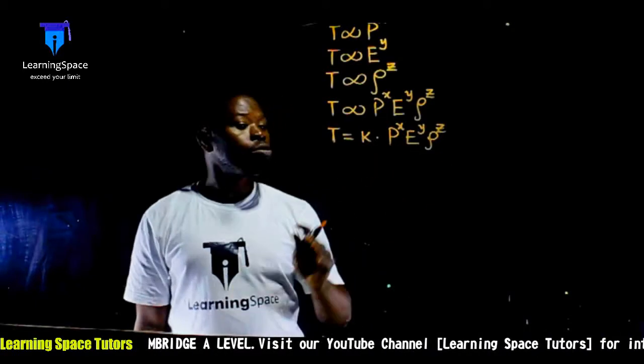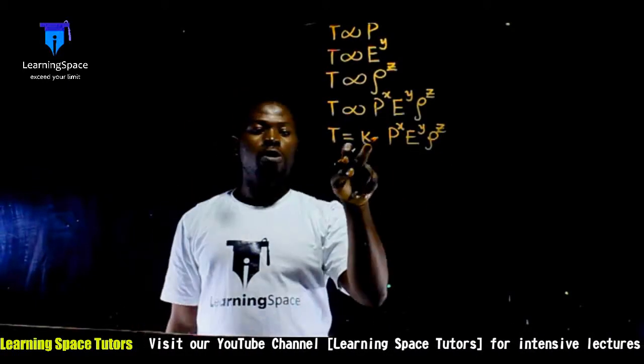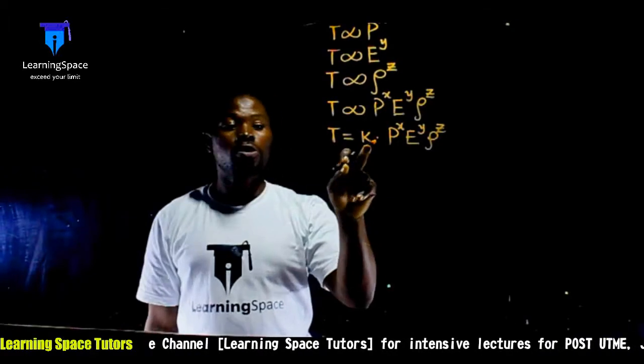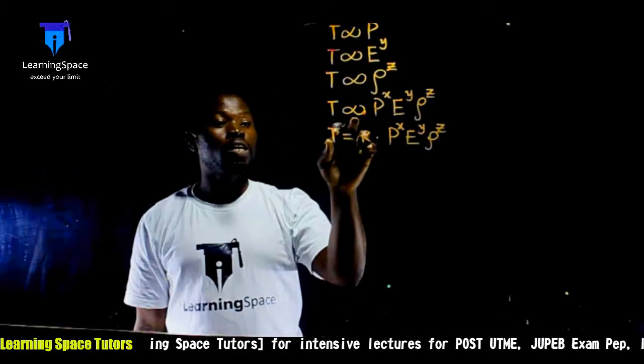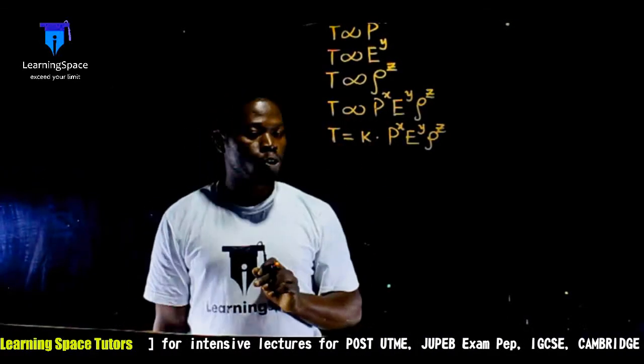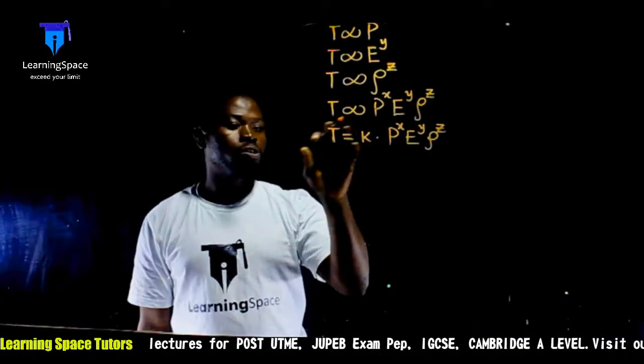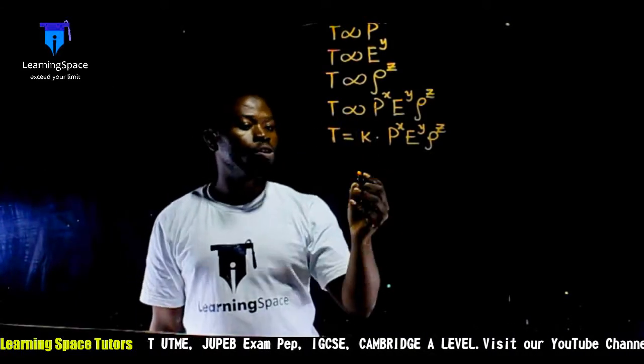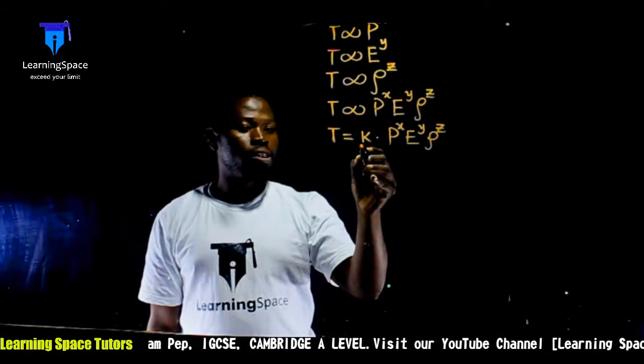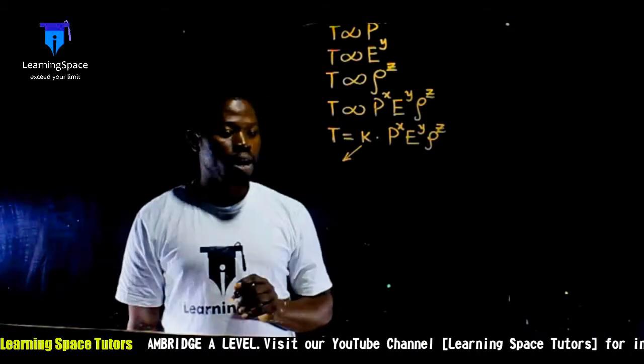We weren't told that it depends on the proportionality constant K. We have to introduce it in order to remove the proportionality sign here. So we are going to assume that this K is dimensionless.